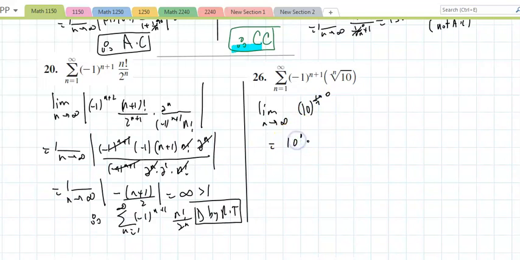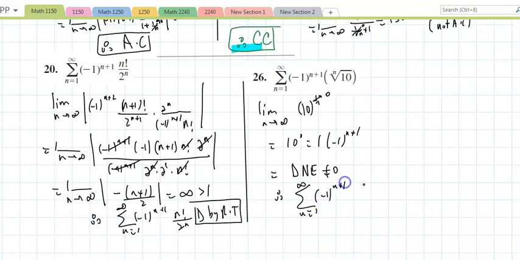That will be 10 to the 0, which is 1, which means it's attached to a negative 1 to the n plus 1, which means this limit does not exist, i.e. it doesn't equal 0. Therefore, the original series diverges by the test for divergence.